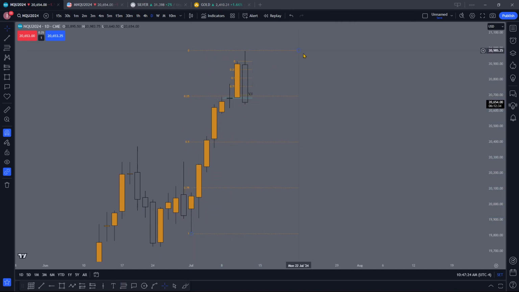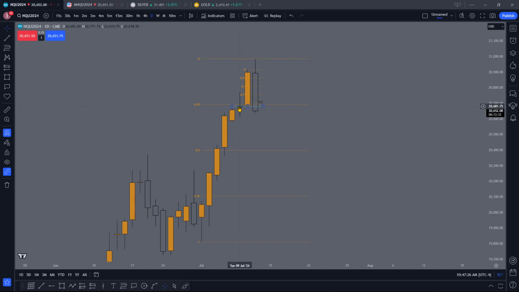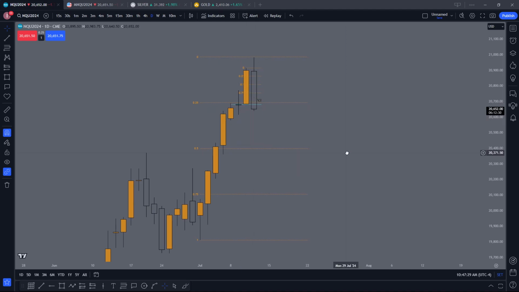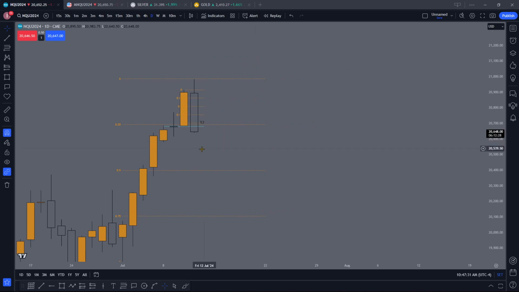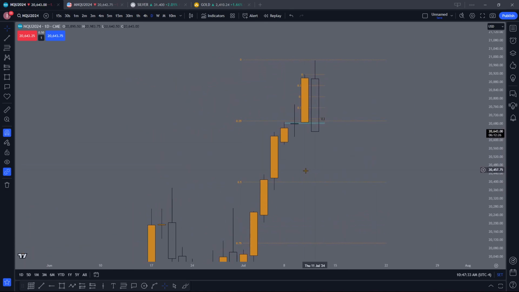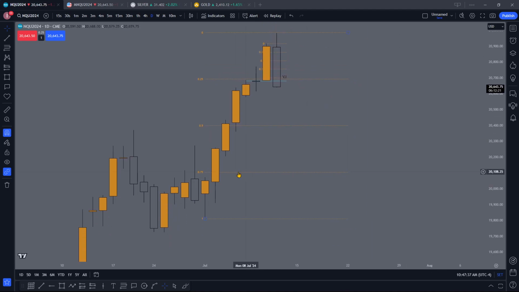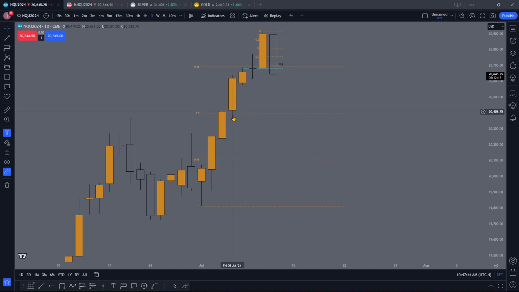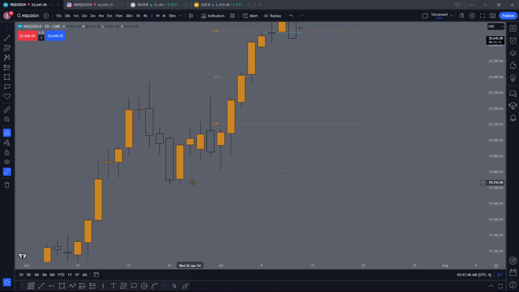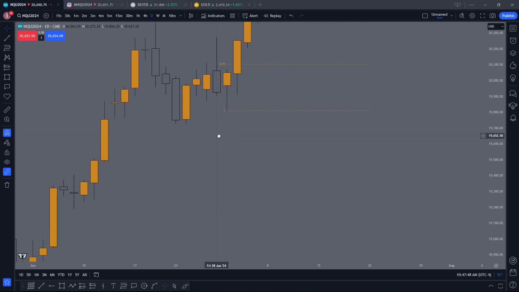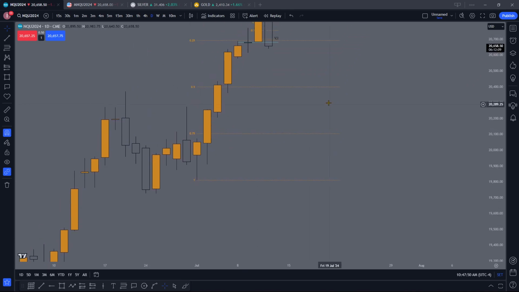I don't know if this is too steep of a thought, but if we were to move higher, then I'd imagine we want to do it off either this imbalance or this volume imbalance. Us reaching all the way down here, I think would contradict the point of us going any higher. If we reach all the way down to discount, we just have to go lower and maybe take out these equal lows and meet lower prices.